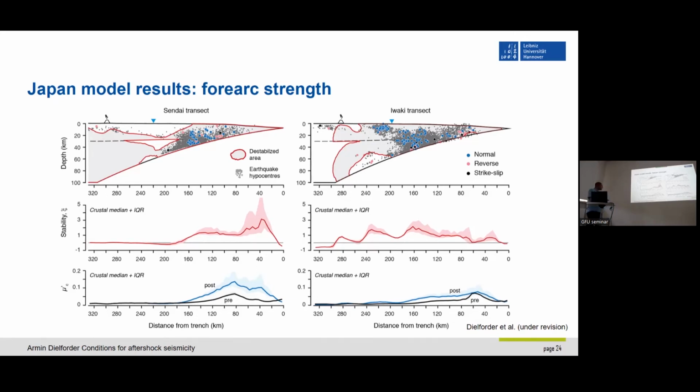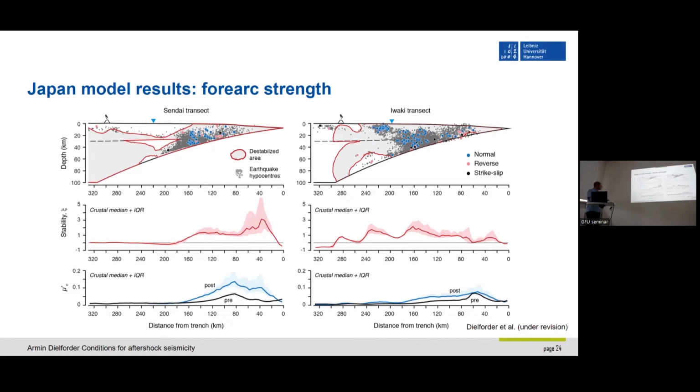So I give you here the pre and post seismic values, and there is again this difference that the pre-seismic values are very similar for both transects, and these are values generally about 0.05 or even less. And the post-seismic values are much higher for the main transect than for the southern transect.